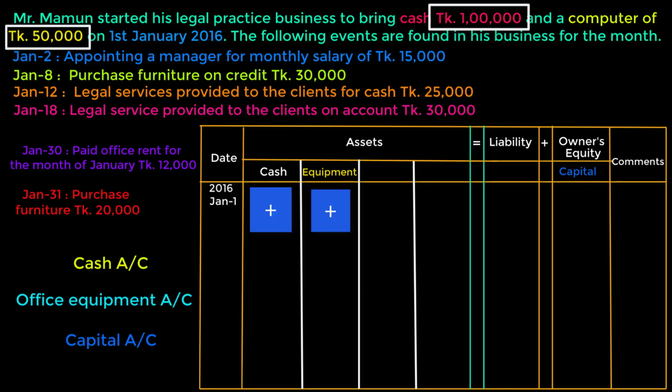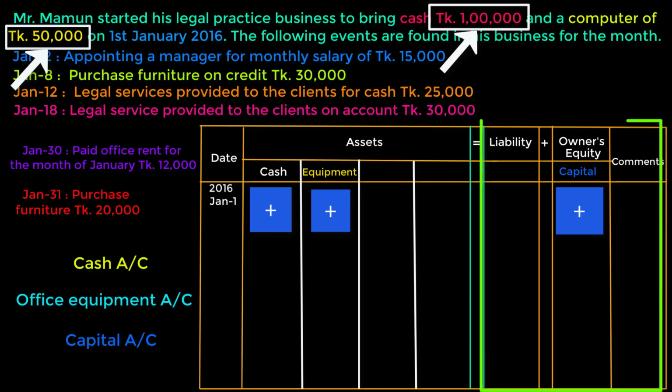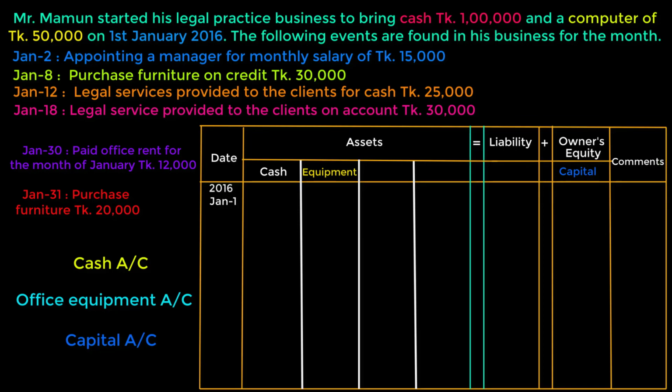If so, this 1 lakh taka and this 50,000 taka, that is 1,50,000 taka, will automatically be plus here in this right hand side as capital. Therefore, we can write here in this cash column taka 1 lakh, in this office equipment column taka 50,000, and in this capital column taka 1,50,000.